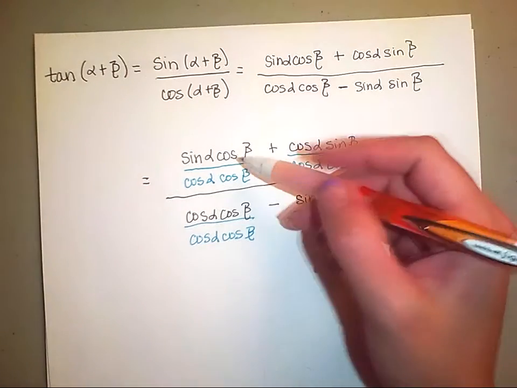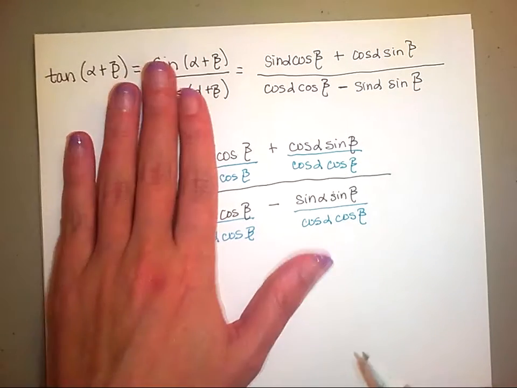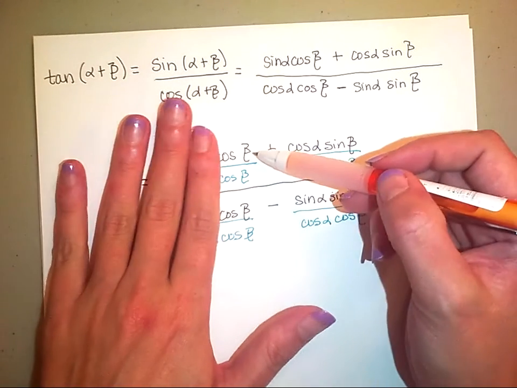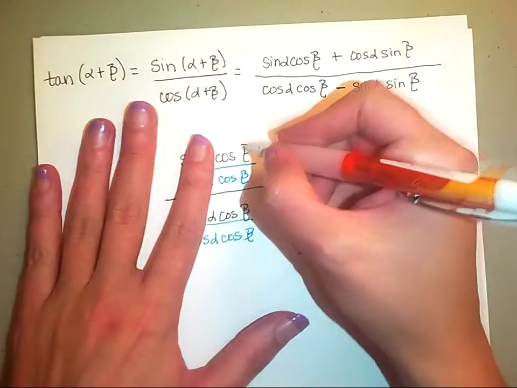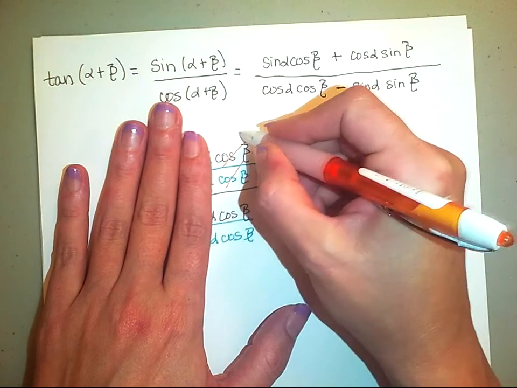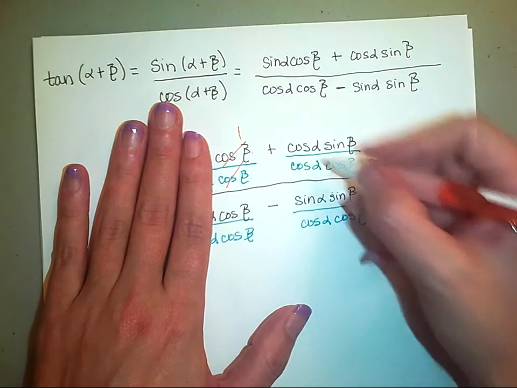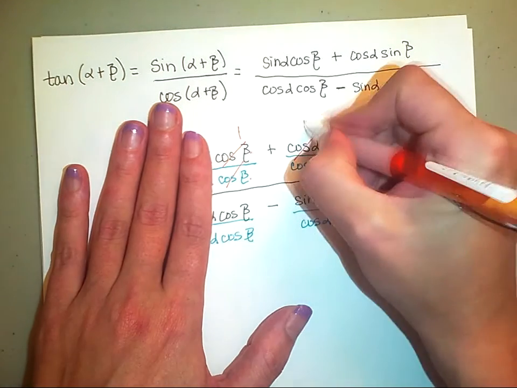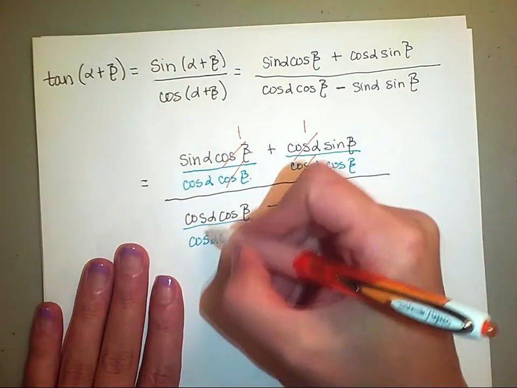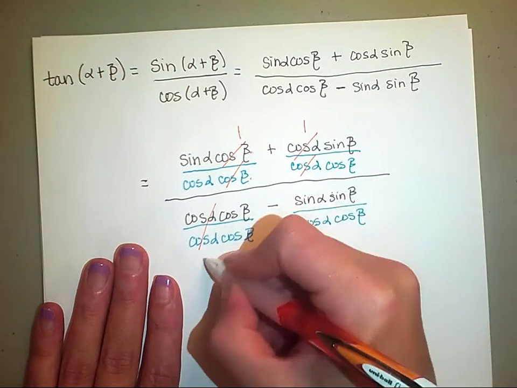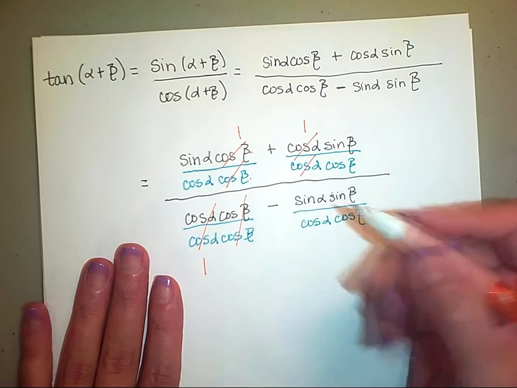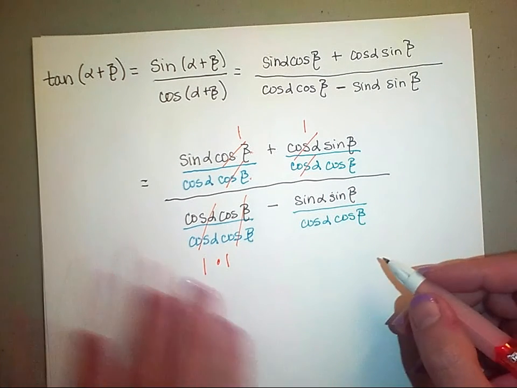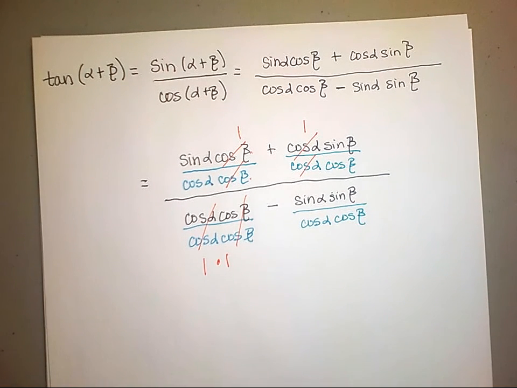We saw that the cosine of alpha, let's see, here the cosine of beta over the cosine of beta, these are common factors, so these will just go to 1. Beta, beta, this is cosine alpha, that also goes to 1. Cosine alpha goes to 1. Cosine beta goes to 1.